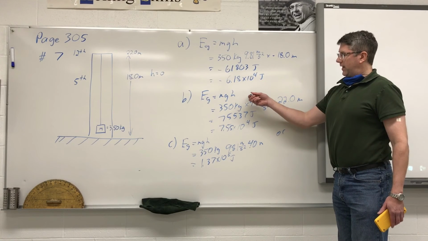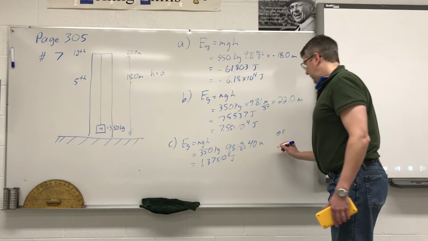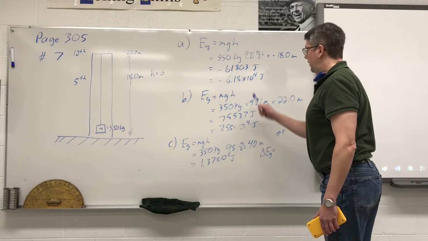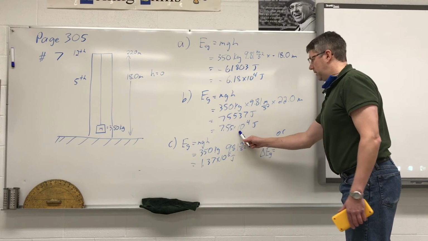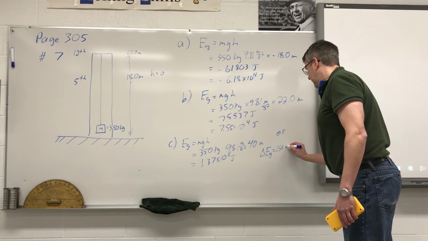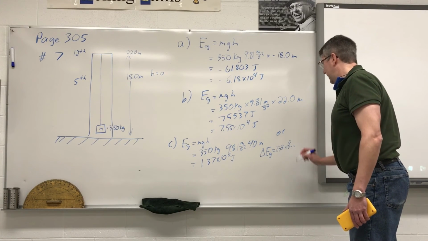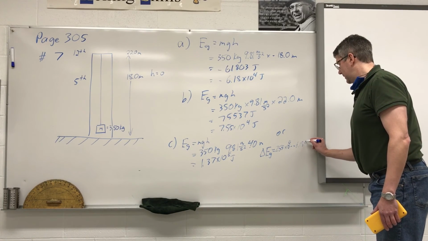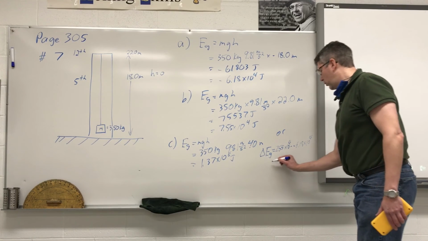we can take our final energy, subtract our initial energy. So we can look at the change in gravitational potential energy. So that will be the final value, 7.55 times 10 to the power of 4 minus our initial value, which is negative 6.18 times 10 to the power of 4.